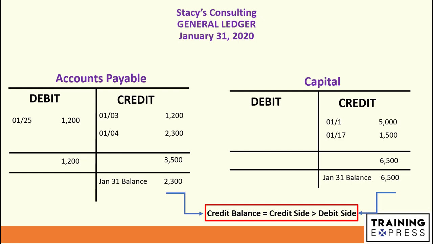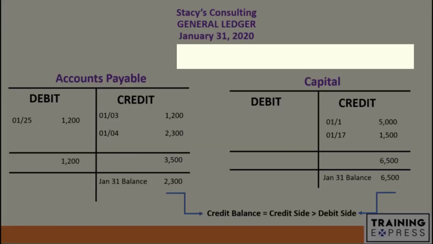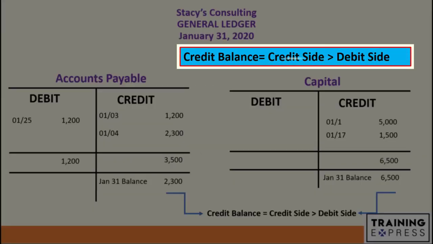Debit balance was when debit side is greater than the credit side, and credit balance is when credit side is greater than the debit side. So let's recap what we have learned here. We have learned that whenever credit side is greater than the debit side, it is called credit balance.